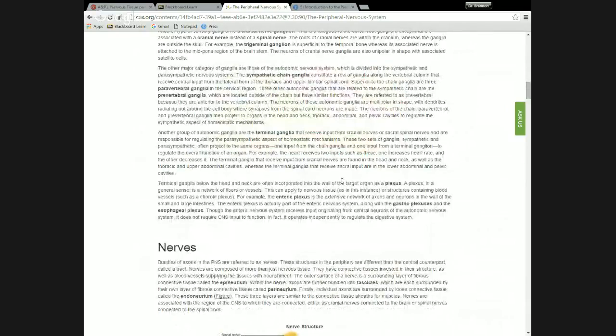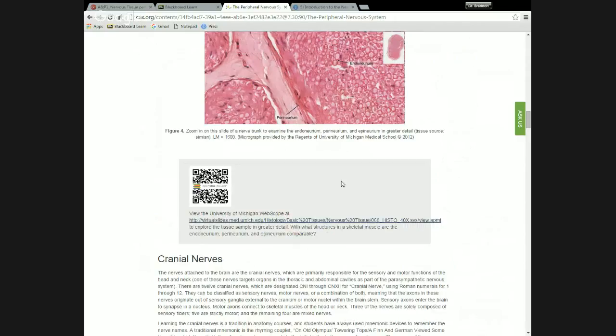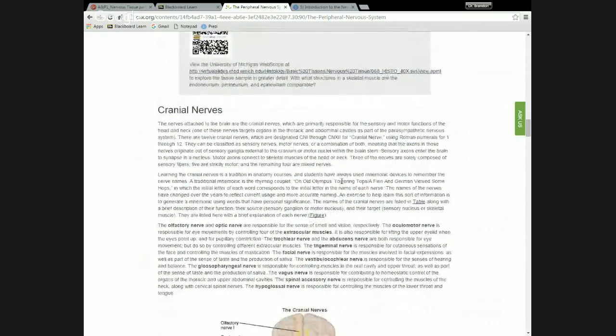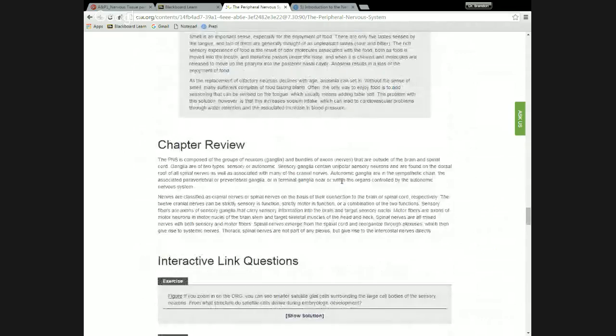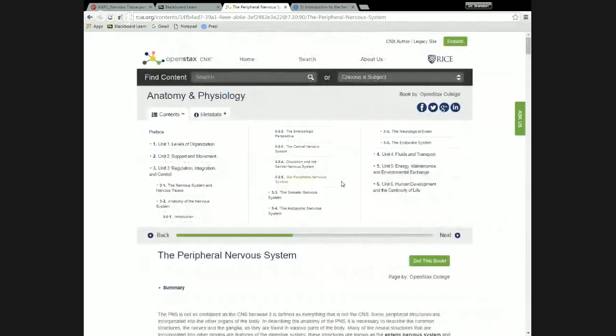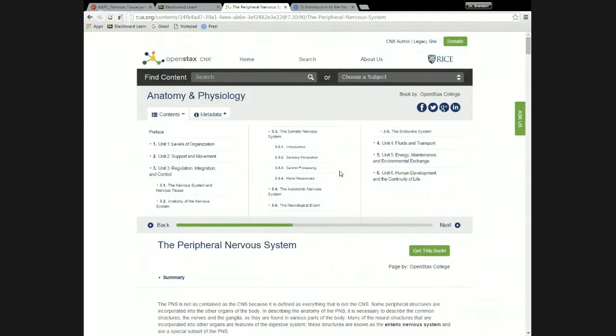And then for the nerves, we've already looked at the structure of nerves in a couple of slides. Otherwise, we're going to think about nerves as they are broken down into cranial nerves or spinal nerves. And that'll bring us through that part, which will wrap up that chapter. In the somatic nervous system chapter, there's really only 3 parts.